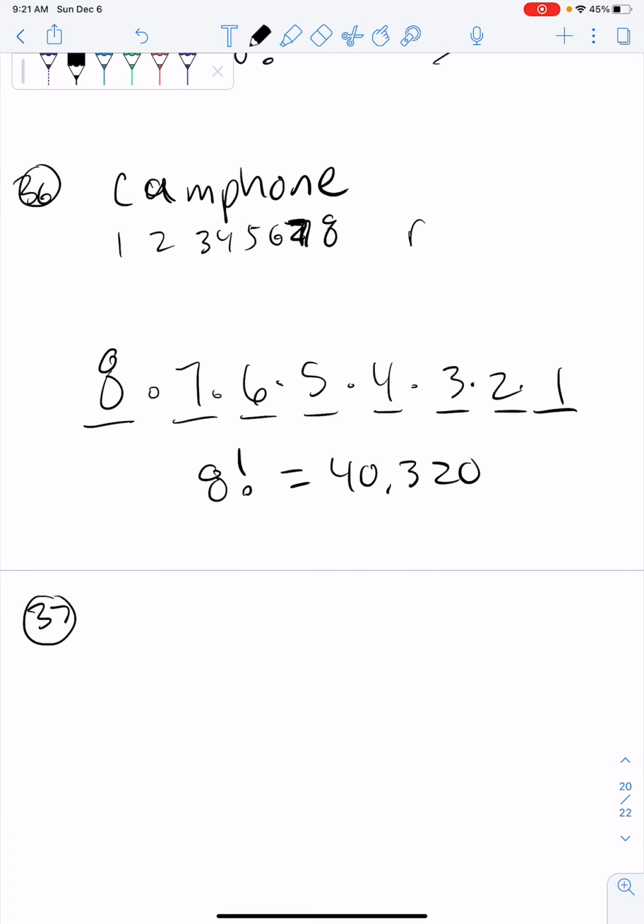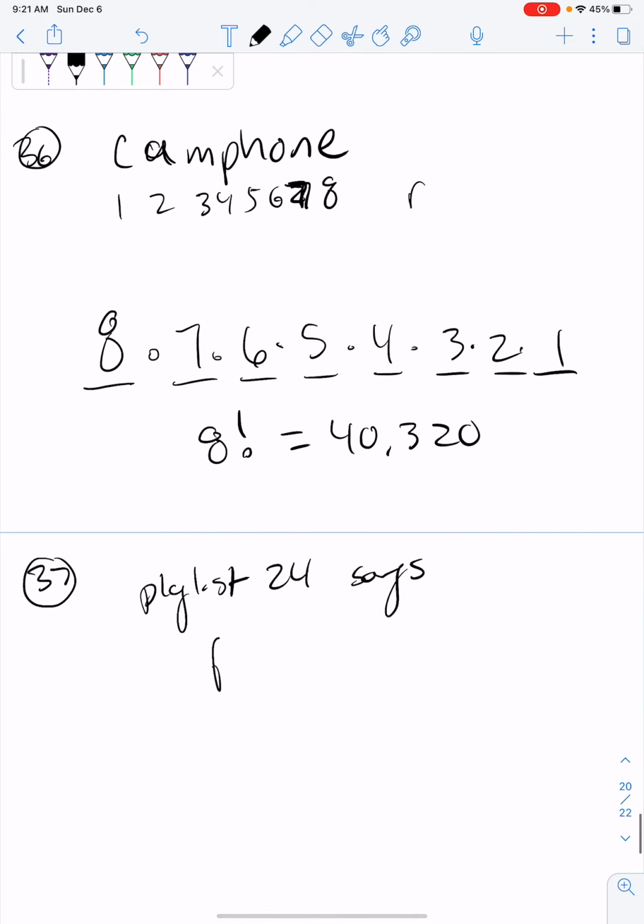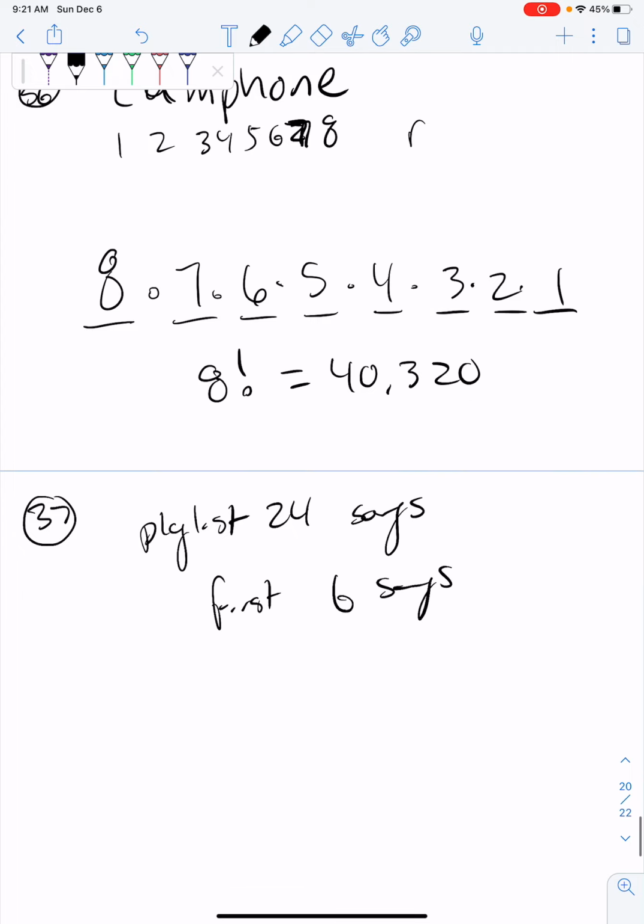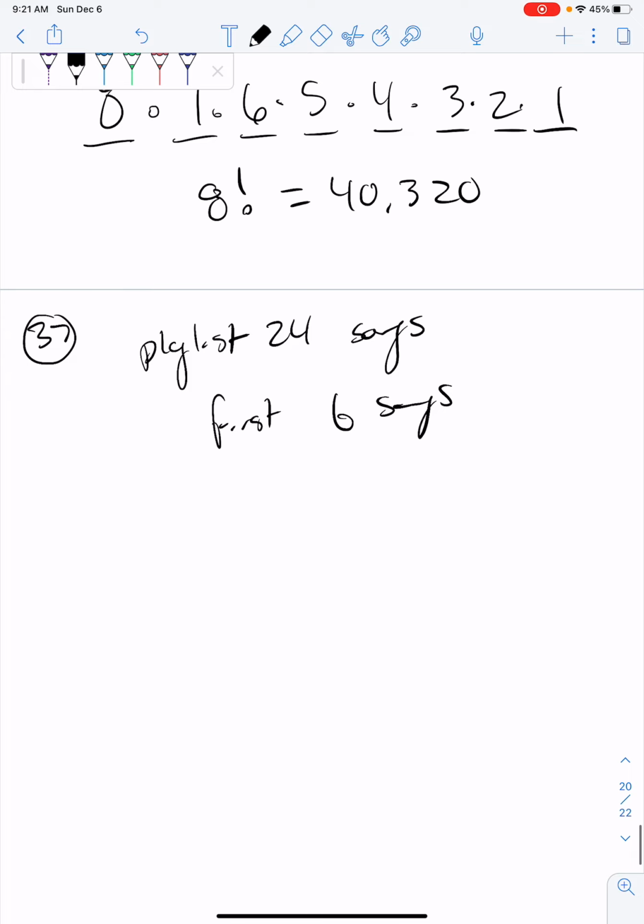Okay, number 37. A DJ is preparing a playlist of 24 songs. So 24 songs, all right? How many different ways can they arrange the first 6 songs? Well, order matters because they're wanting to arrange the 6 songs, and it's different if they get played in a different order, right? So this is going to be a permutation.